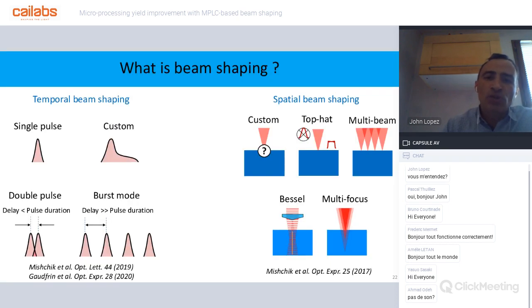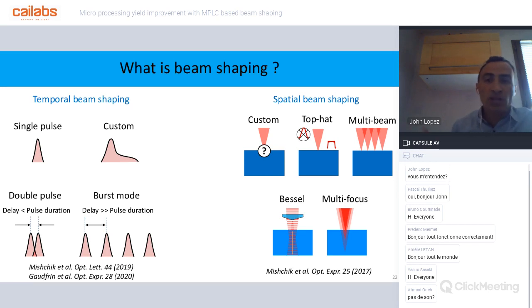On the other side, there is spatial beam shaping. With a DOE or SLM, you can change the intensity profile almost as you want. But one of the most common is the top hat profile. So you switch the Gaussian beam into a top hat beam. And by this means, you will get three main advantages.